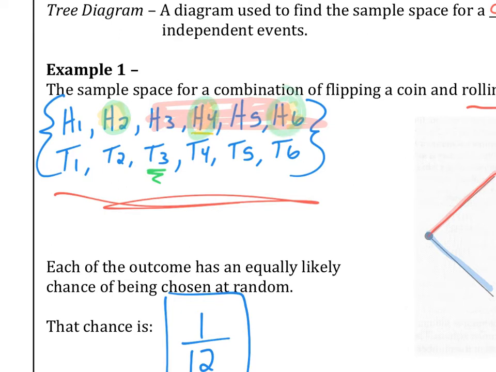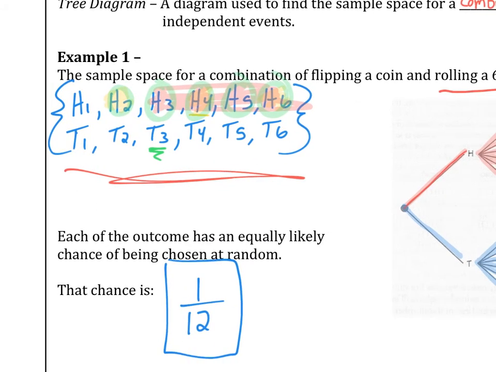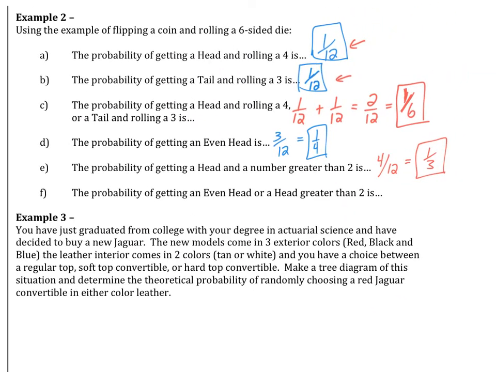And a head greater than 2 would also include H5 and H3. So how many of those are circled in green? There's 1, 2, 3, 4, 5. 5 favorable outcomes that would be heads and even or heads and greater than 2. So the probability of even head or a head greater than 2 is 5 out of 12.